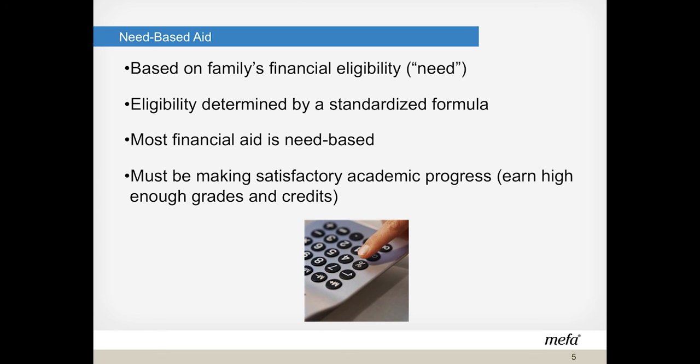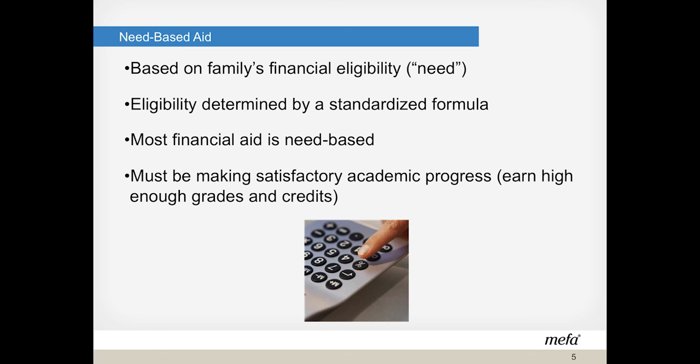Most financial aid out there is need-based, meaning most of the money that students receive for college is based on the family finances, on a family's financial eligibility. And finally, for need-based aid, a student must be making what we call satisfactory academic progress in order to continue to receive this financial aid every year.